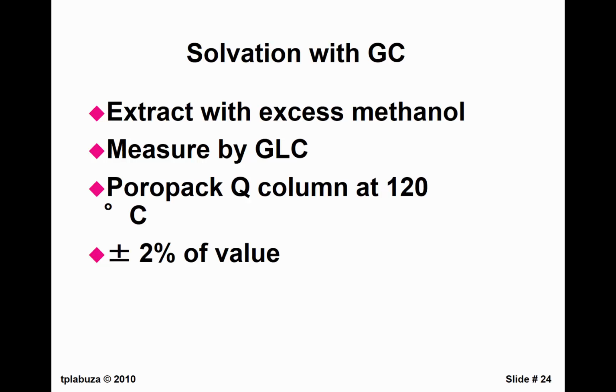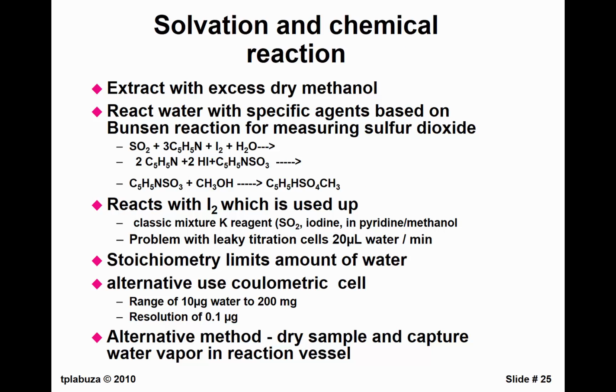Then you put it into a chromatograph instrument and measure by gas chromatography. One company, Porapak, makes columns specifically for doing moisture. Basically the error bar here is about plus or minus 2% of the value that you get.